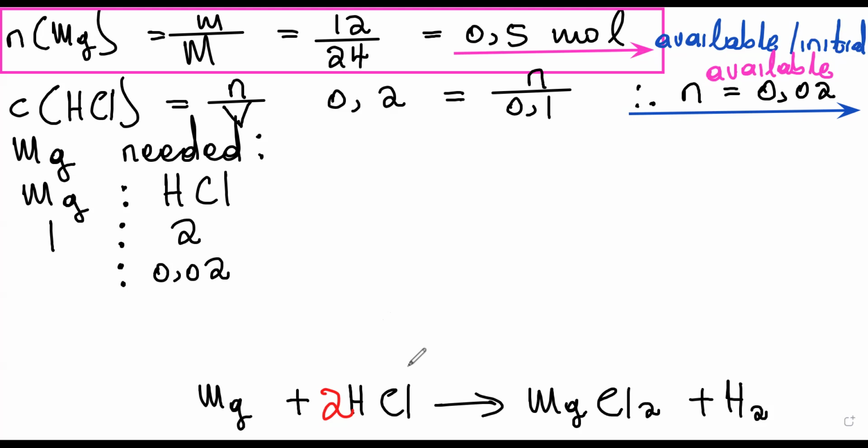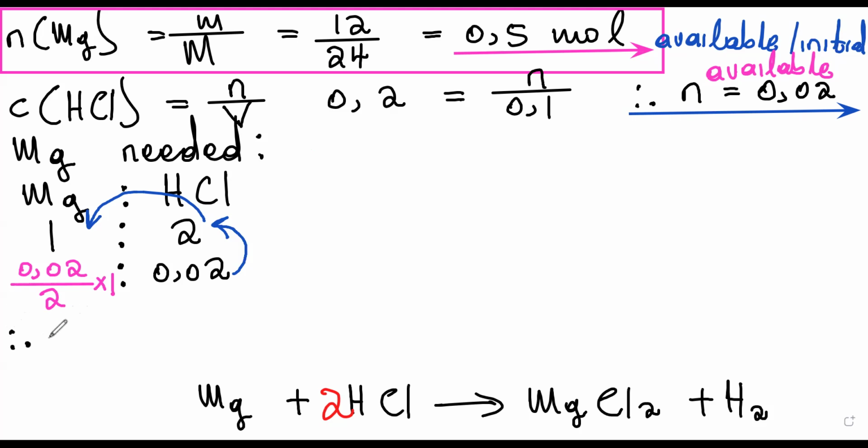Well, you remember that you're just going to take this one, divide it by that one, and multiply it with that one. I can choose to put an X here, that's perfectly fine, but there's no need to. You can just say the answer here is going to be 0.02 divided by 2 multiplied by 1.